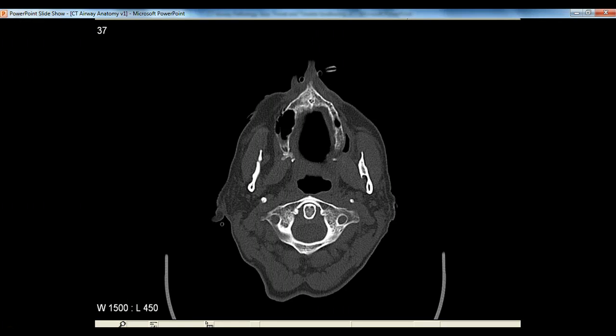Now, one other interesting thing to notice here is that, as you're looking at the center of this, you've got your cervical spine. And the structures you're seeing here are your first cervical vertebrae, which basically articulates with the base of your skull and lets your skull rotate forward and backward.